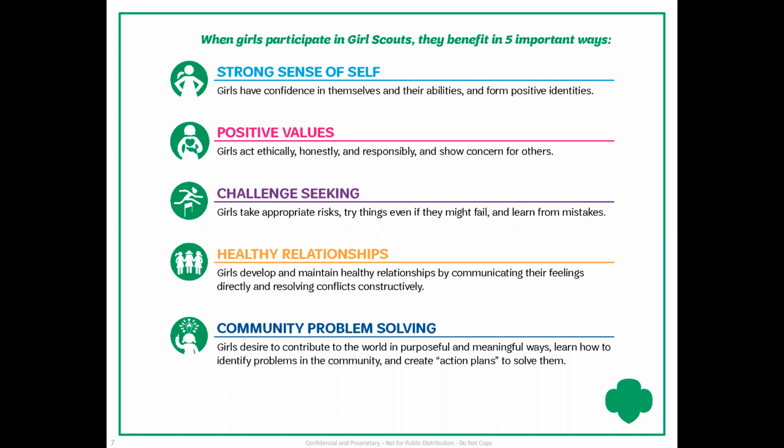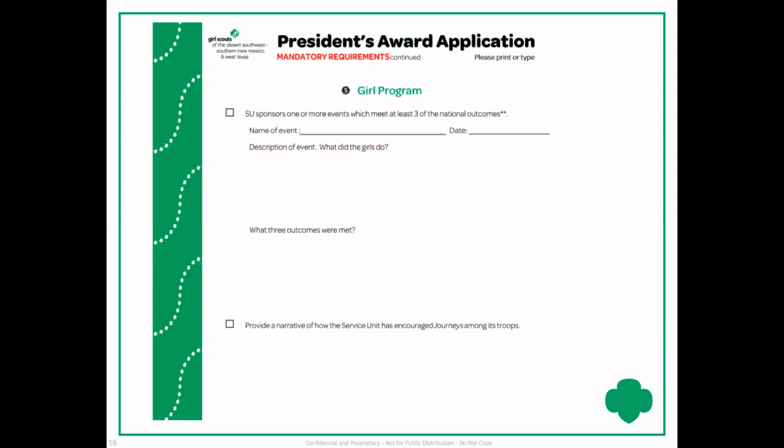I know that our council has a lot of military, so this could help them maintain a healthy relationship in the family. So just think a little bit about the different ways that the outcomes are going to be there.